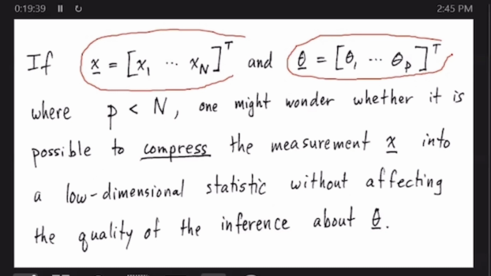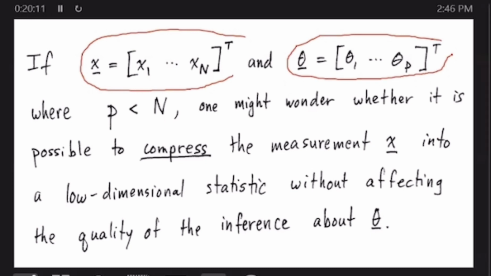In order to avoid what I call over-parameterization, we expect the number of observations to be more than the number of parameters. And that was why I said P less than N. If N is the number of observations, P is the number of parameters. In statistical analysis, it is observed that the number of observations should be more than the number of parameters.